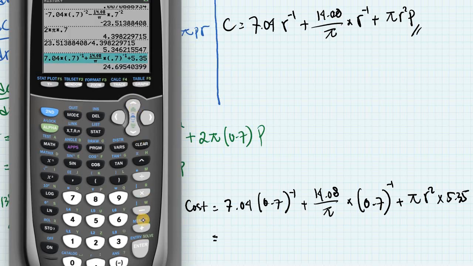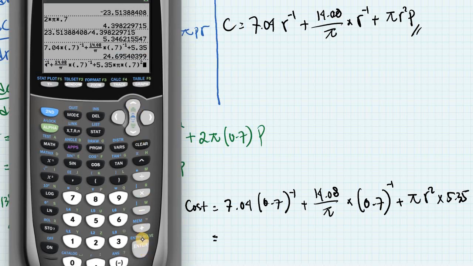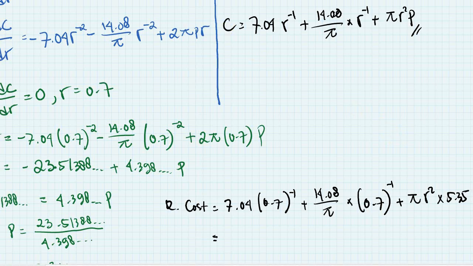Wait, let me enter this one: 5.35 times pi times 0.7 squared. I forgot to write that R is 0.7. Let's put 0.7 in brackets. Sorry about that. 0.7 squared times 5.35.